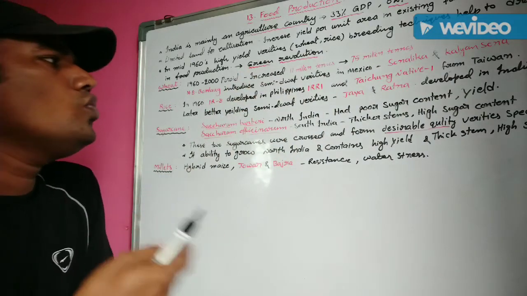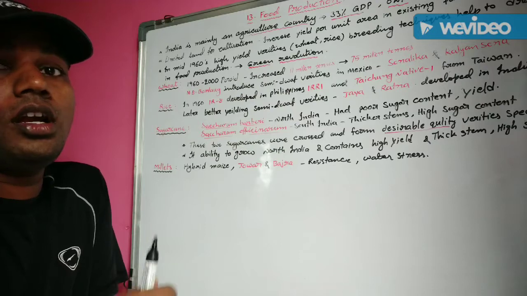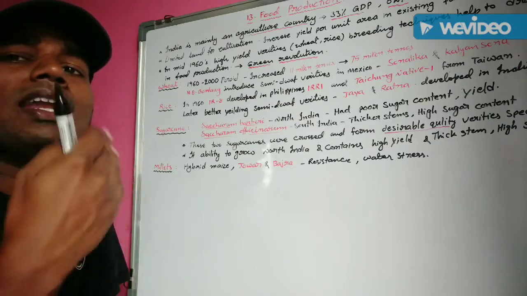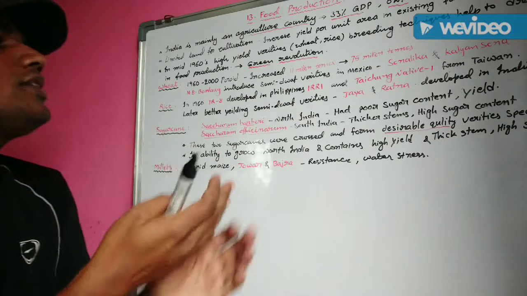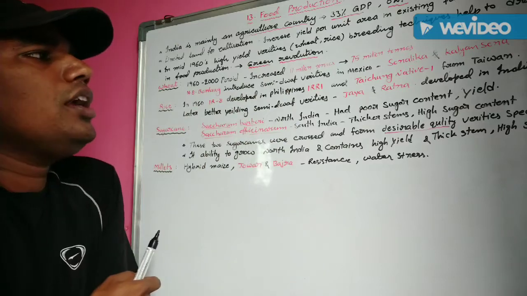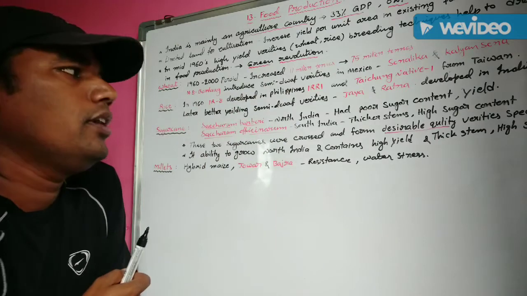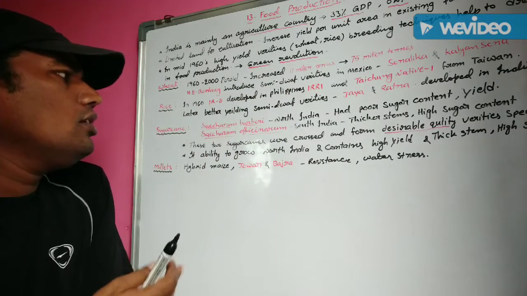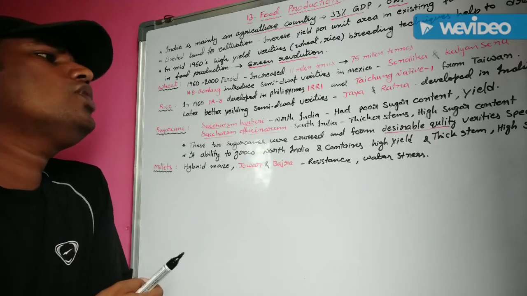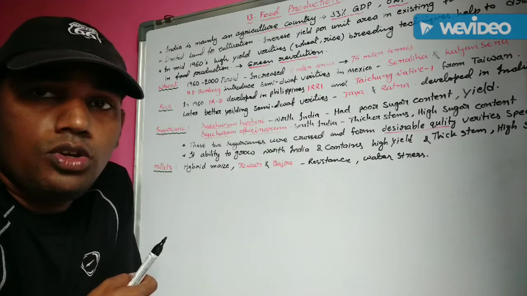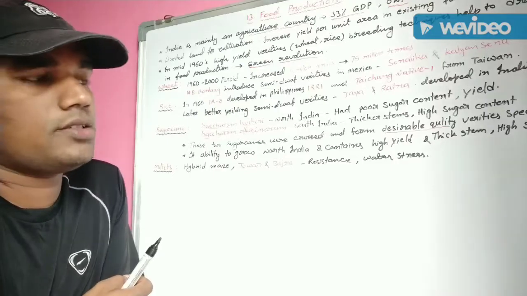These are new variety crops and they give more yield. More yield is obtained from IR8 and Taichung Native 1. Later, better yielding semi-dwarf varieties were also introduced in the rice field.